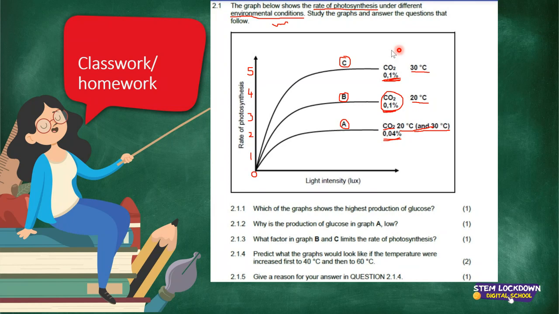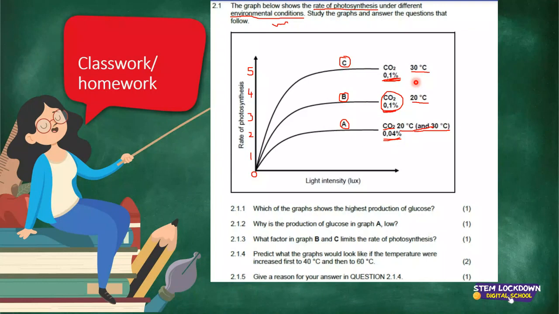So just keep in mind that it is a range. But yes, guys, the difference between B and C is temperature. All right. Remember what the question said? The question read, what factor in graph B and C limits the rate of photosynthesis? So your answer would be temperature.